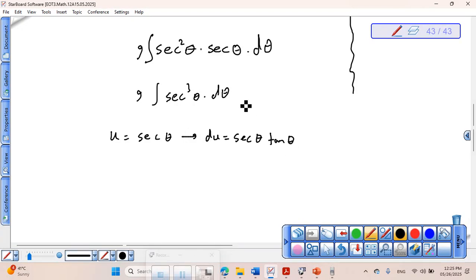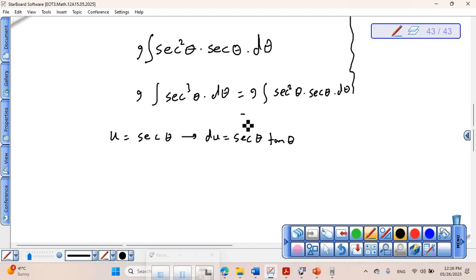Maybe this is equal to 9 integral of sec square theta times sec theta d theta.